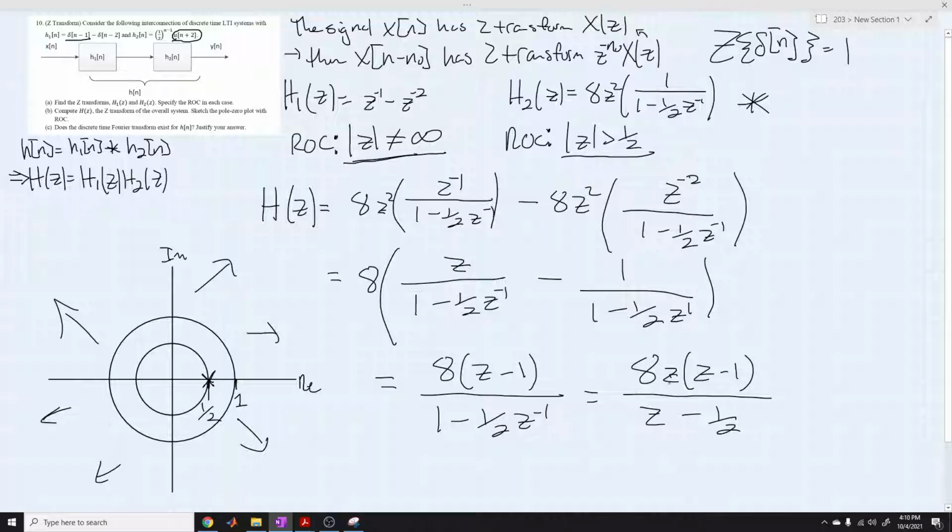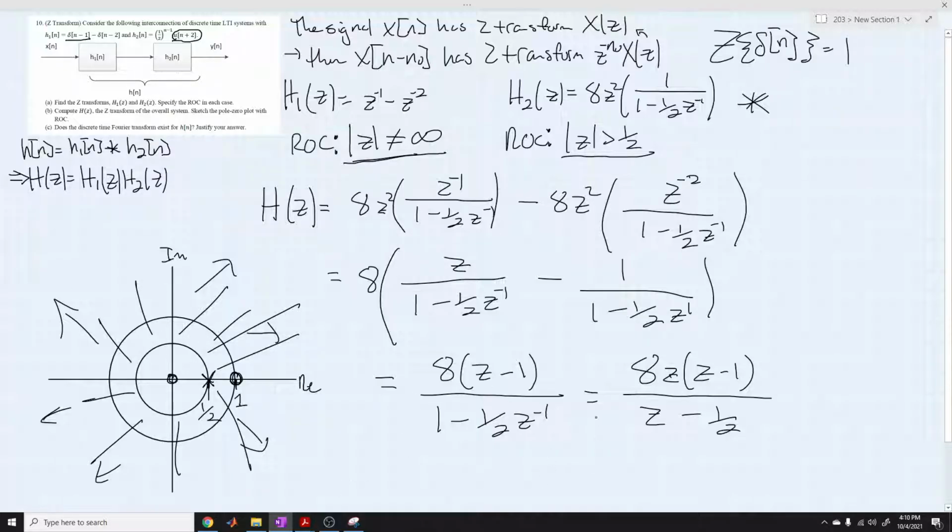So if we plugged in a 0 for z, well, we have 8 times 0 times something else, but that all becomes 0. So we know we have a 0 right here at the origin. And then also if we have a 1, right? 1 minus 1 would equal 0. So we have a numerator of 0, which means that our entire function turns to 0. So we have another 0 right there. And our region of convergence is everything outside of the circle with a radius of 1/2.